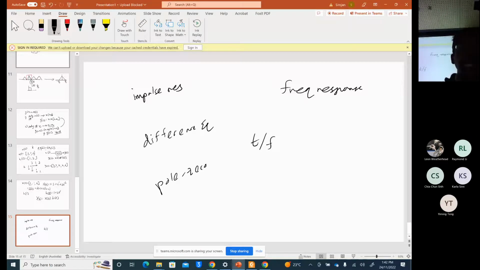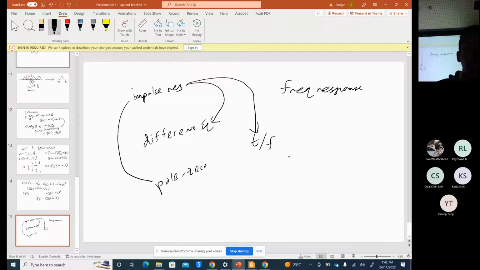Any of these things, if you know the impulse response, then you should be able to write the difference equation, the transfer function, draw the pole zero diagram, and find the frequency response, everything.